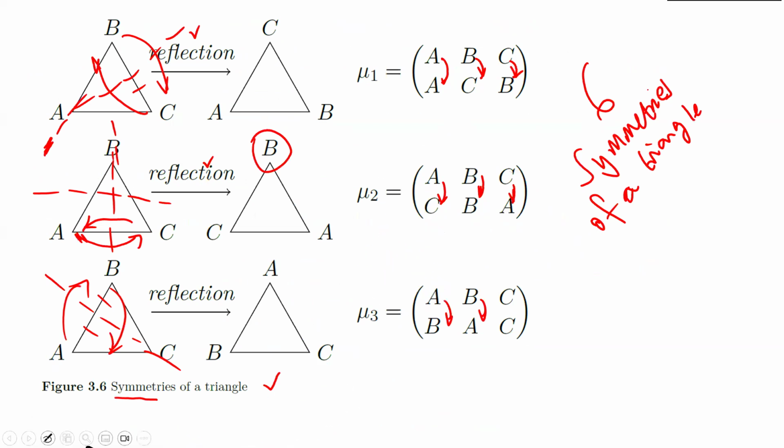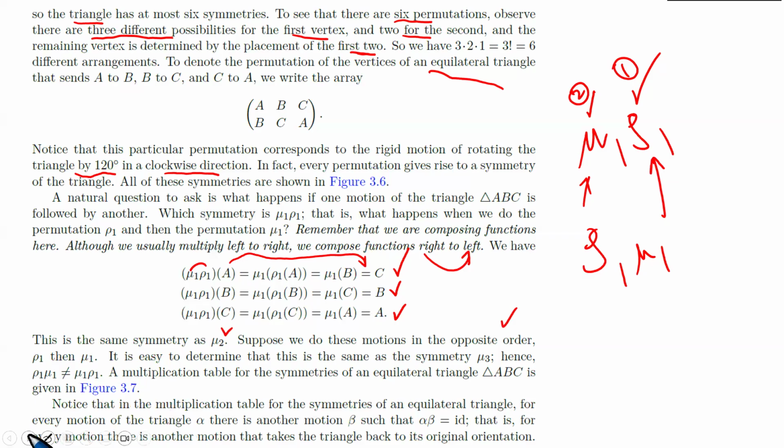So in other words, if you combine mu1 and row 1, what you get is mu2. Suppose we do these rotations in the opposite order, row 1, then mu1. It is easy to determine that this is the same as the symmetry mu3.